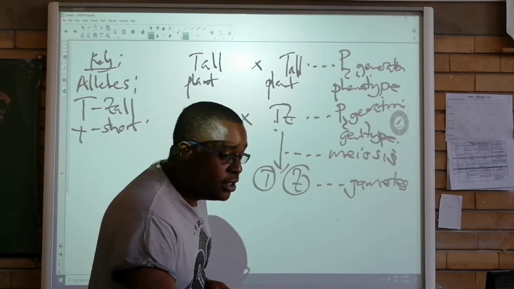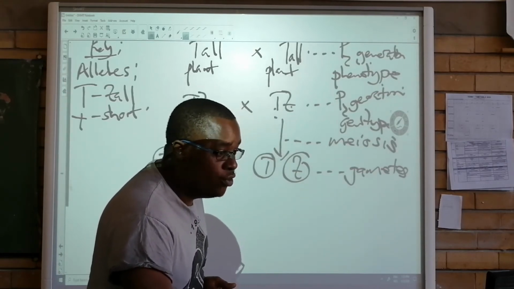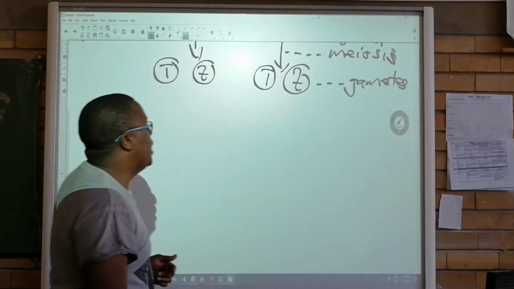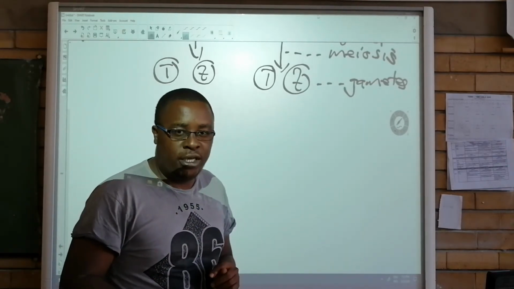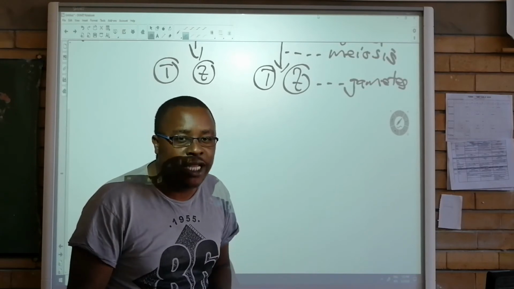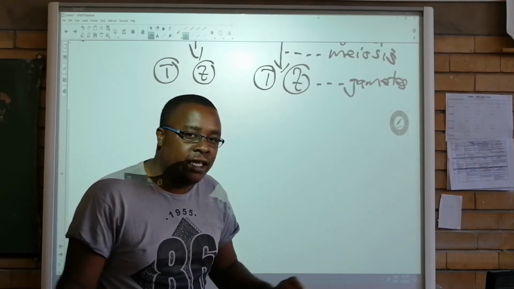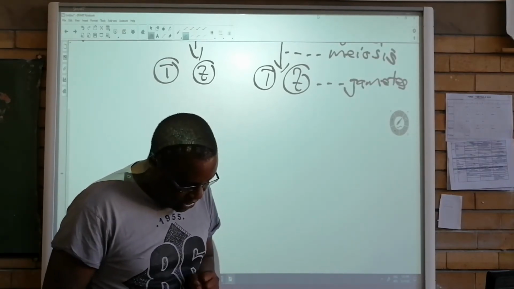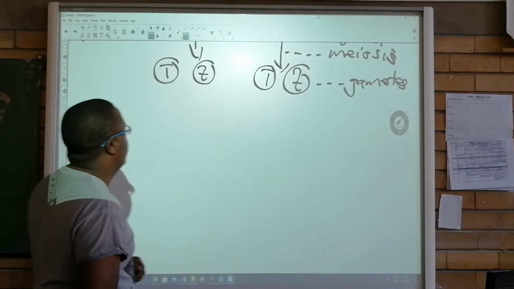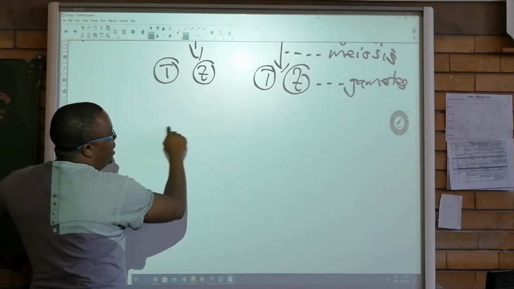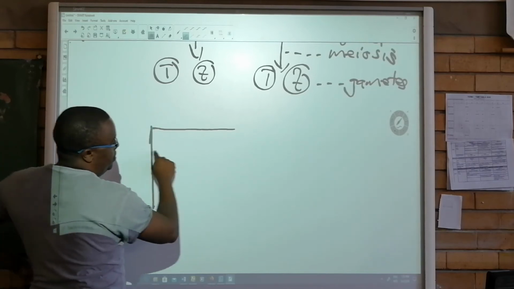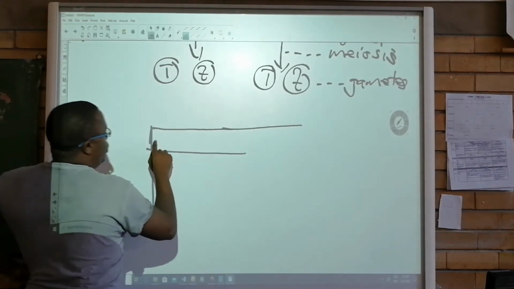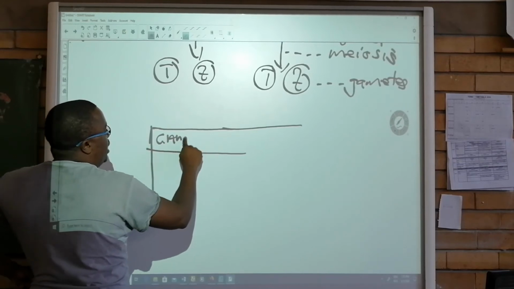Now things go different. Instead of using the crosses, which admittedly can confuse some people, you draw a Punnett square to show what? Fertilization. Are we together? Right. Okay. Your Punnett square goes like this. You have gametes.